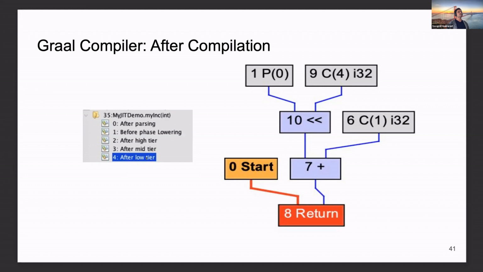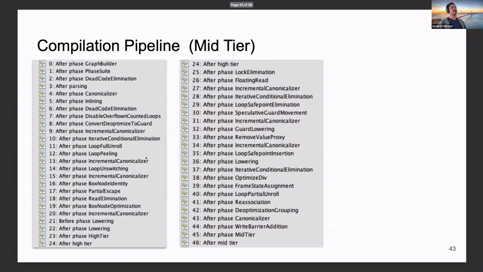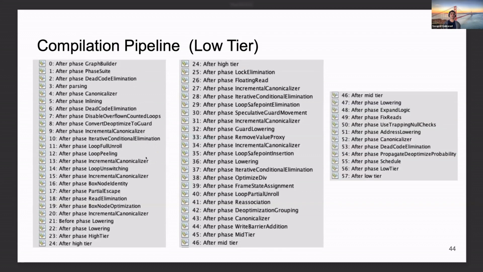And you can see which actual optimizations are performed in high tier. So IGV will allow you to dig into that information. So you can extract all the information about not only how the graph looked like after a bunch of optimizations, you can also see how it looked before the optimizations and after the optimization. So high tier will have all these optimizations, mid tier and low tier.